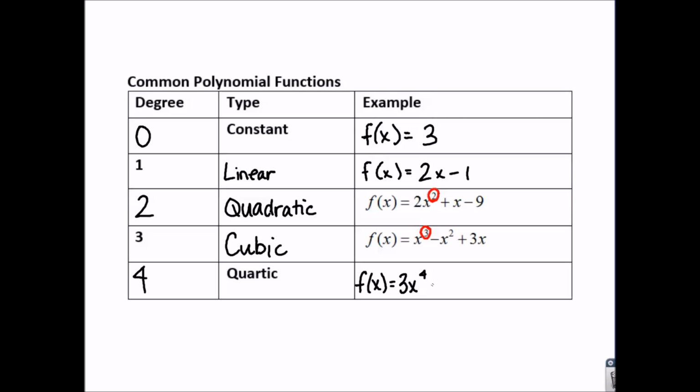It can skip some terms. That's okay. So a polynomial does not have to have every term. As you go down in exponent order, it can skip some terms. That's fine. So these are the most common polynomials. There are, of course, higher degree polynomials that also have names, but we're not going to be working with those too much.